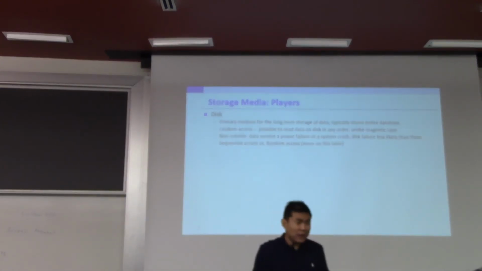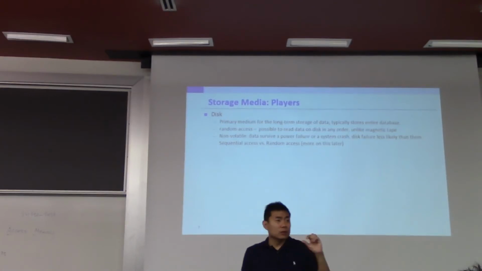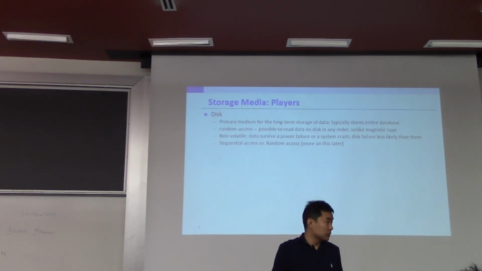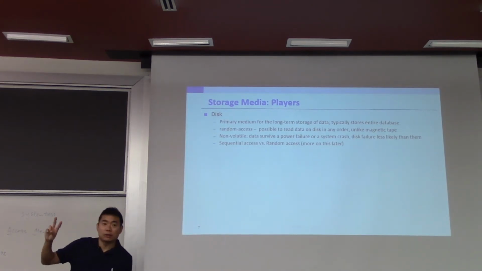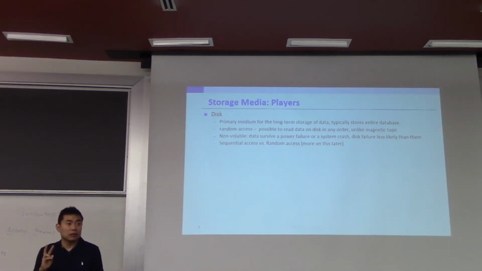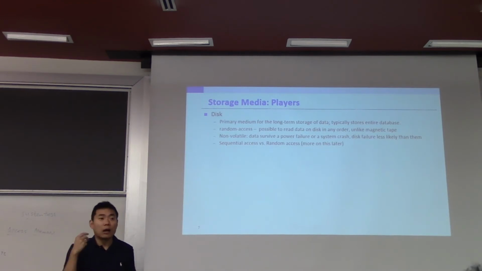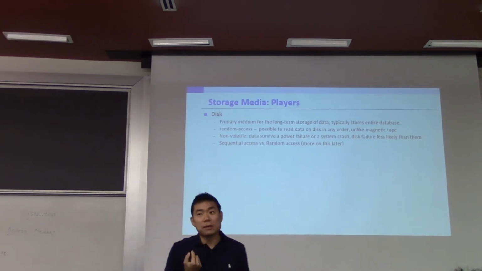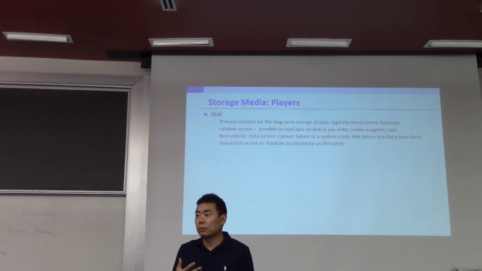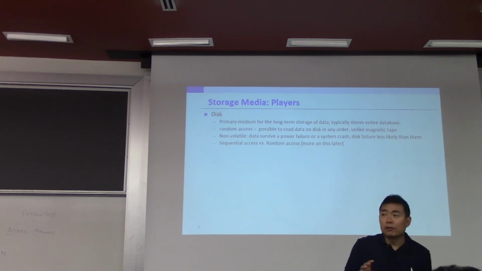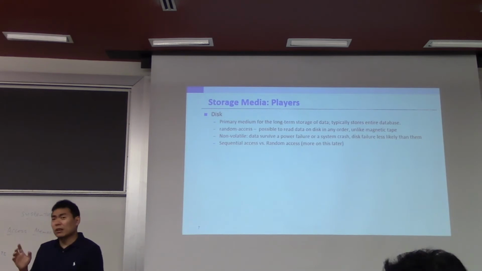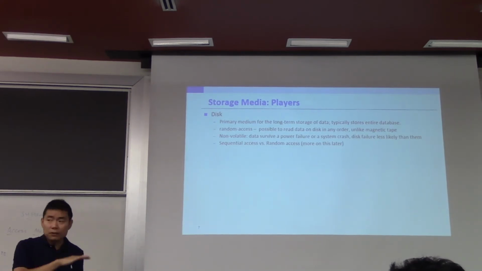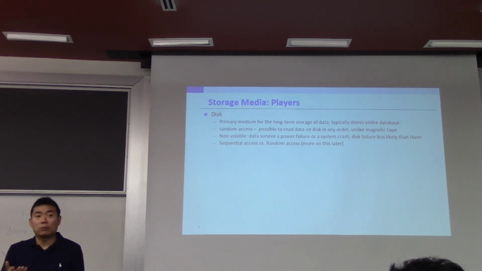So magnetic disk uses magnetic field to store 0 or 1 bit. We all know magnetic field has two polarized directions, right? North and south, right? So using those, I can differentiate 0 or 1 bit, essentially. That's the basic principle behind it. And the other nice thing about this is, if you have a magnetic field, it actually persists without any power supply.